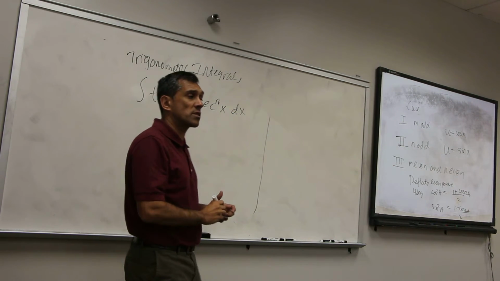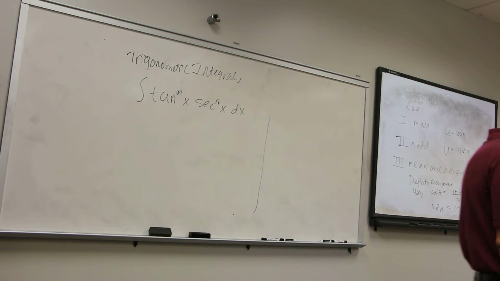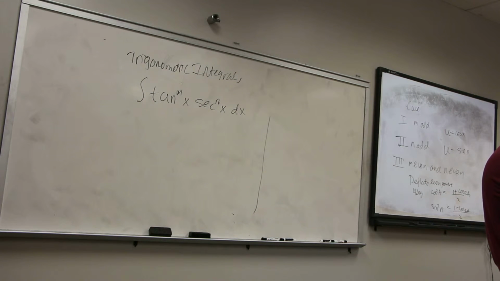Please be assured that these are powers and not numbered multiplicative. Now we know that the derivative of tangent is secant squared, and that the derivative of secant is secant x tangent x, and that 1 plus tangent squared is secant squared, and that 1 plus cotangent squared is equal to cosecant squared. So you're going to have to use those.